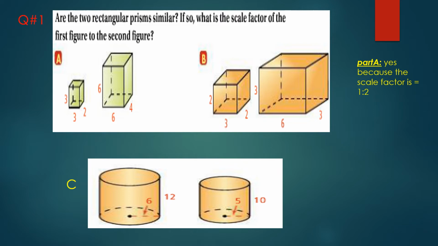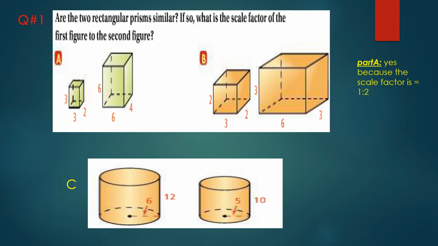It is 1 to 2 because 3 to 6 is 1 over 2 in simplest form. 2 to 4 is also 1 over 2, or 1 to 2. Then your answer will be yes for part A. What is your reason? Because the scale factor is 1 to 2.